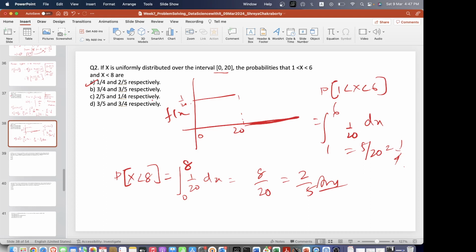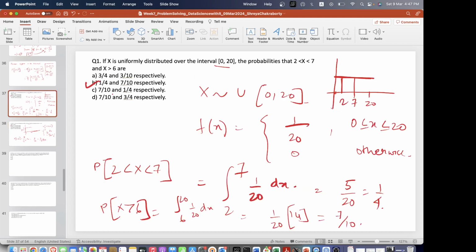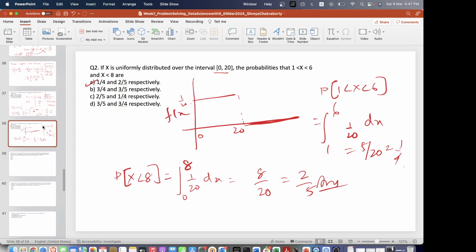Ma'am, I didn't get this from the starting. From the starting. Okay. So, right from here, you had a problem. No, ma'am. Skip that part. At the end of the solution, you can start from there also.